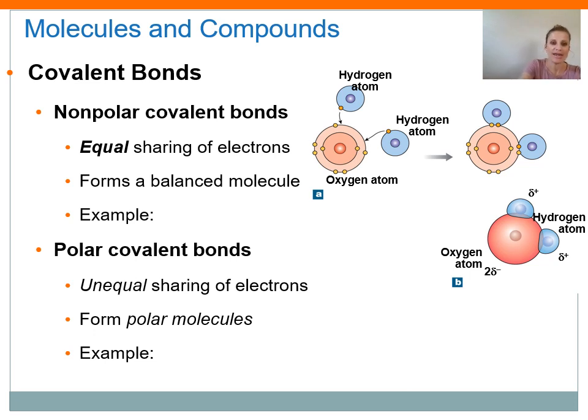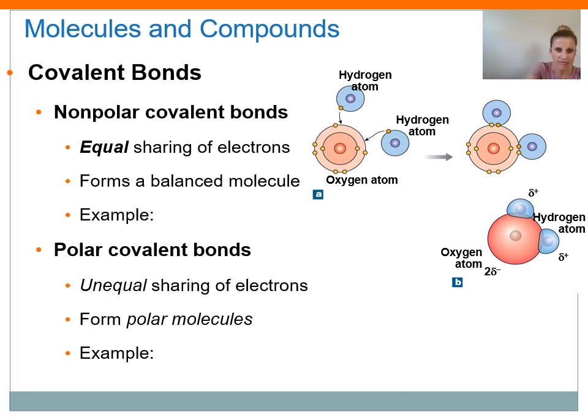So a non-polar covalent bond happens when there is equal sharing of electrons. And this forms a balanced molecule with no partial charges. So this happens anytime you have two of the exact same atom sharing electrons.